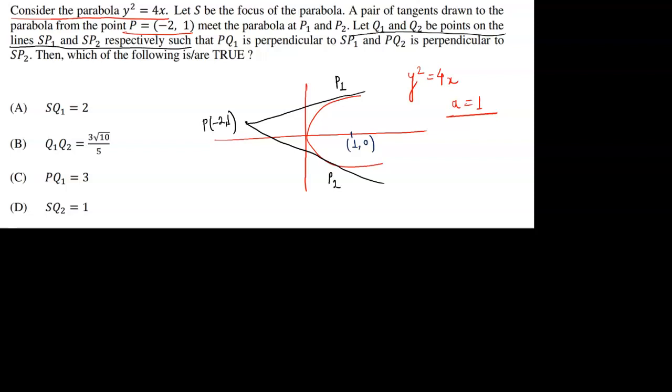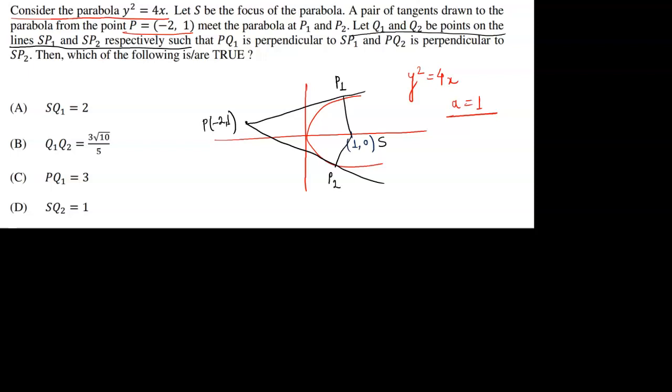So this is S, and if I join S with P1 and P2, then Q1 and Q2 are points lying on these lines, such that Q1 is lying on SP1 and Q2 is lying on SP2, such that PQ1 is perpendicular to SP1 and PQ2 is perpendicular to SP2.